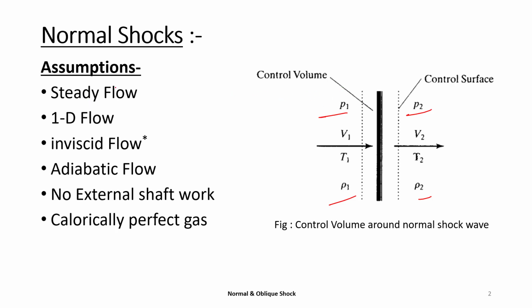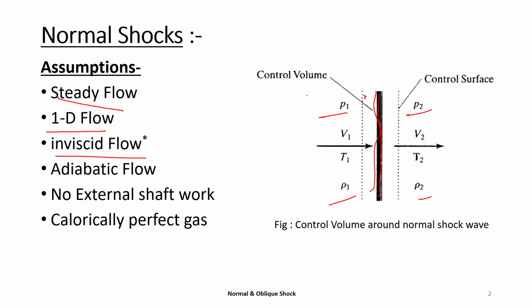That is that flow is steady flow, it is 1D flow, and flow is inviscid. So on both sides of normal shock the flow is inviscid, but inside this thin normal shock the flow is highly viscous. Flow is adiabatic flow and no external shaft work is done, and the gas is calorically perfect gas.